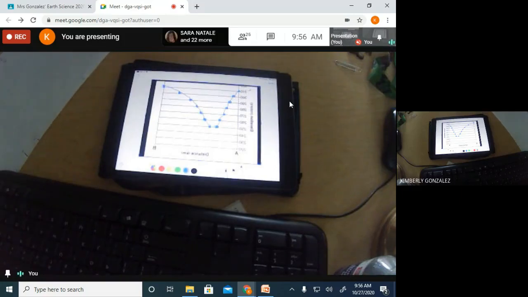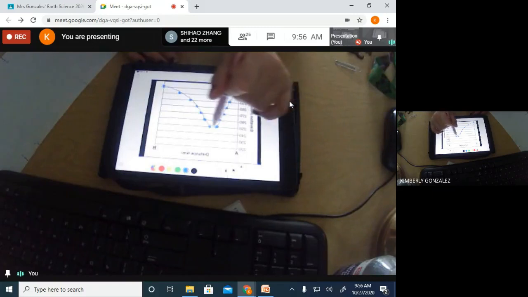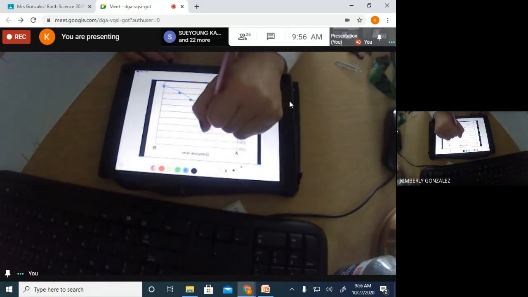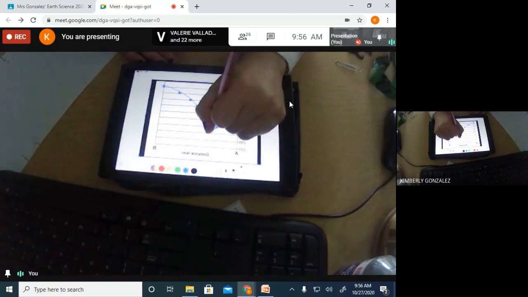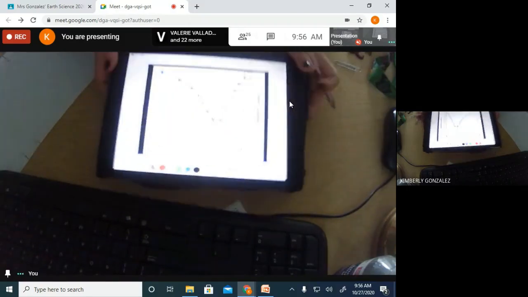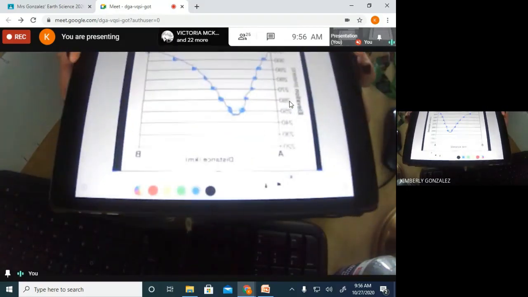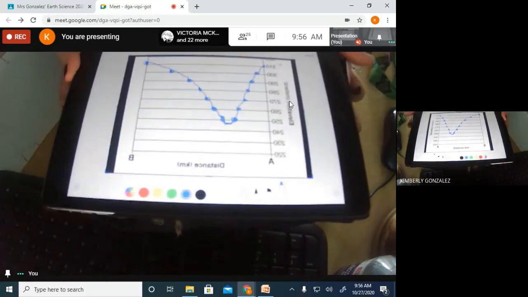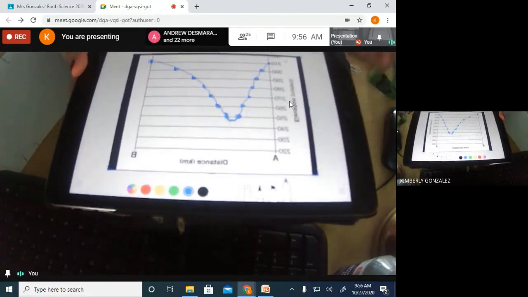Okay? Now, you're going to follow the trend with the two points that are 250. So we're going to follow a downward trend. Notice this is not a straight line in any way, shape, or form. That is your final product for a profile.